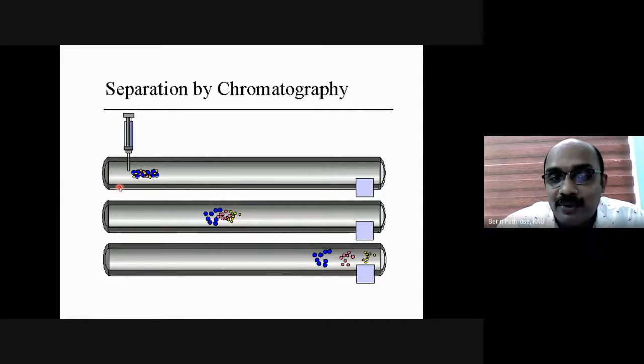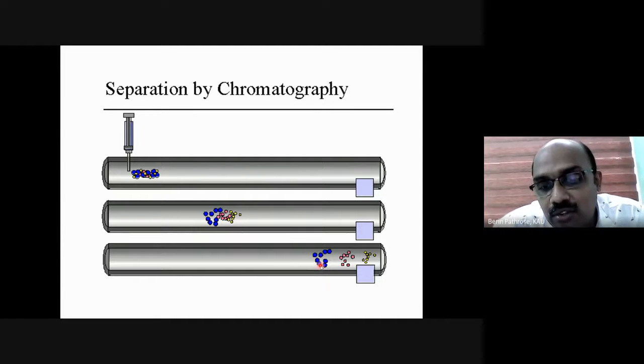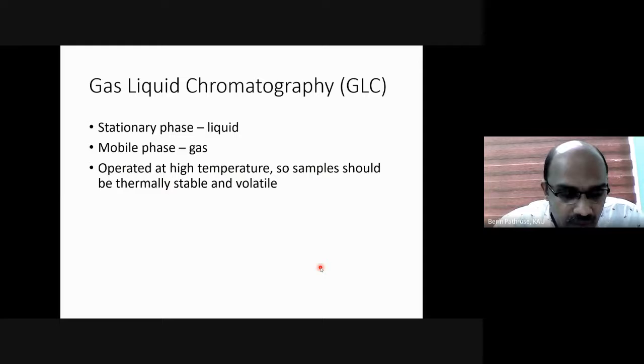So depending upon the affinity of the compound to the stationary phase and the mobile phase, it gets separated. Here, the yellow colored compound is having very high affinity towards the mobile phase, so it comes out of the stationary phase first, and the blue colored compound has very less affinity to the mobile phase, so it comes out last. This is chromatography.